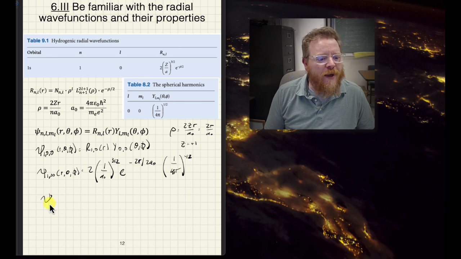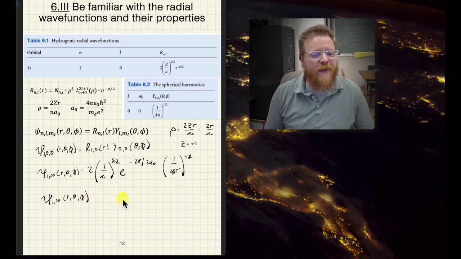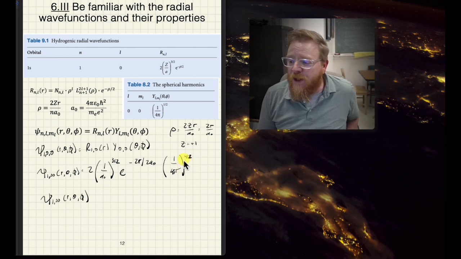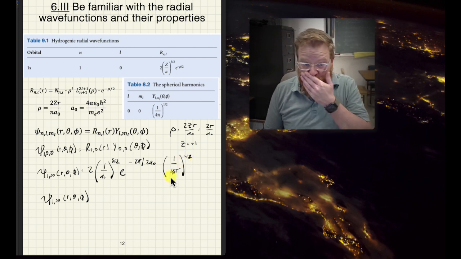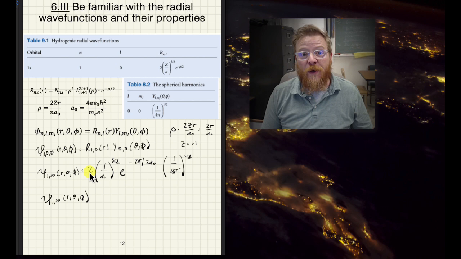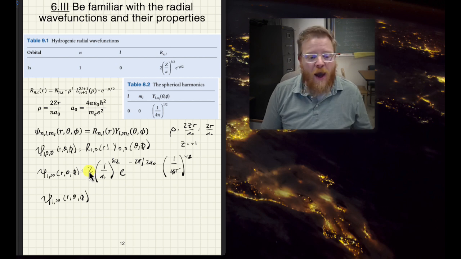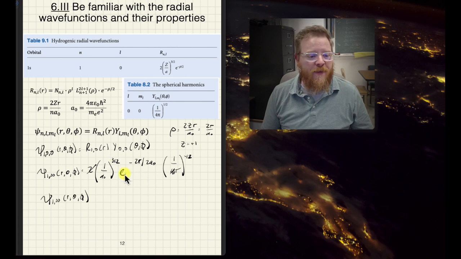So simplifying a few things here, we can see the 1 over root of 4 will cancel with the 2. So we can get rid of those right there. And then I'm going to rewrite this as the square root then. So we've got square root of pi, and we've got the square root of a cubed.